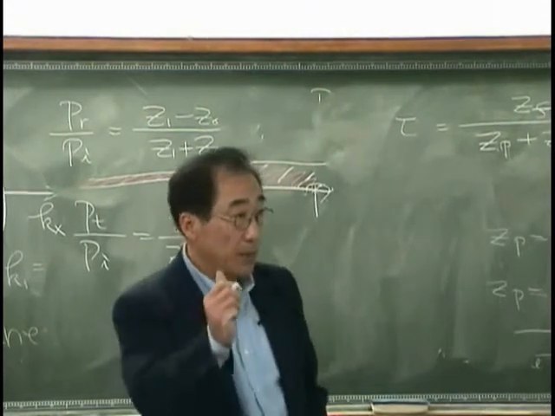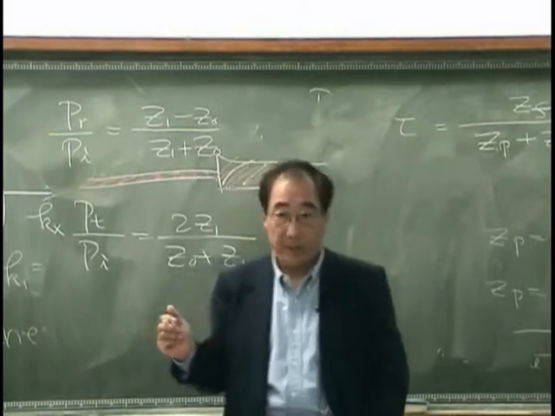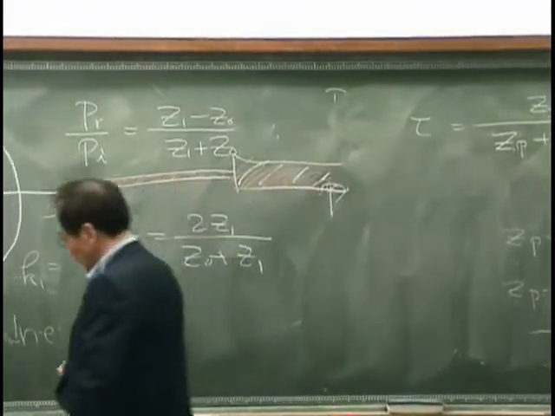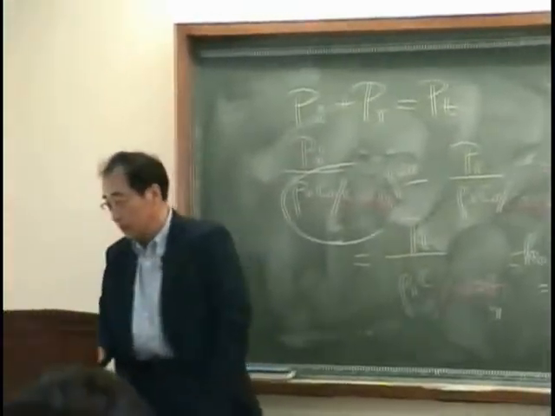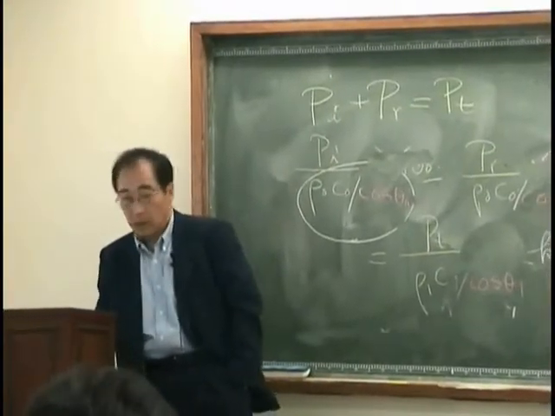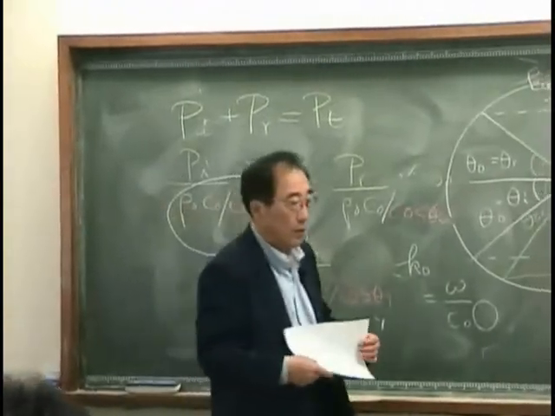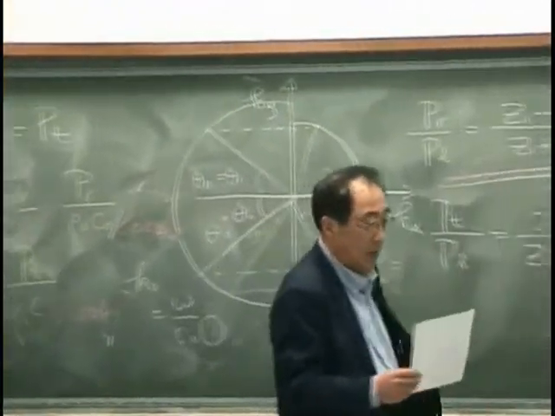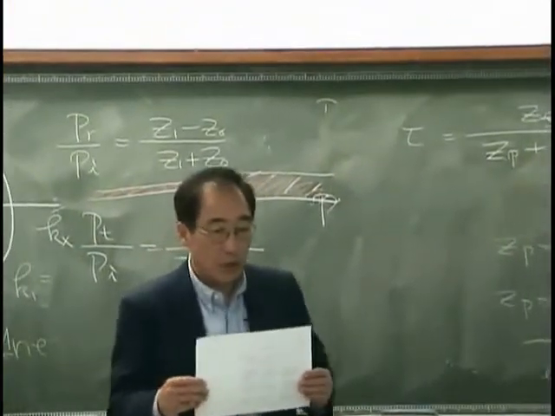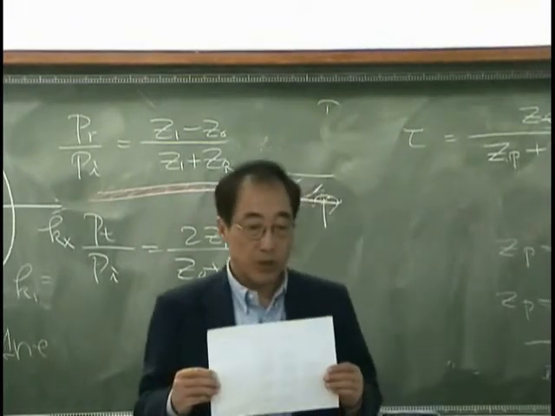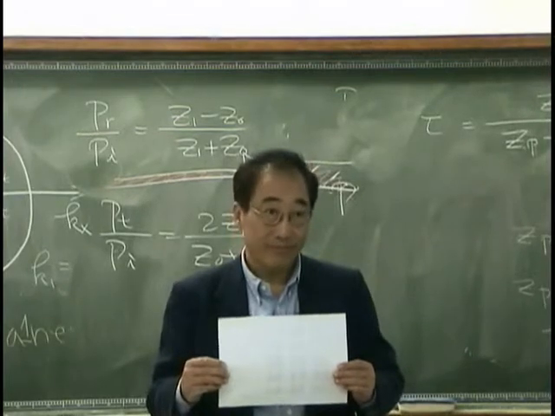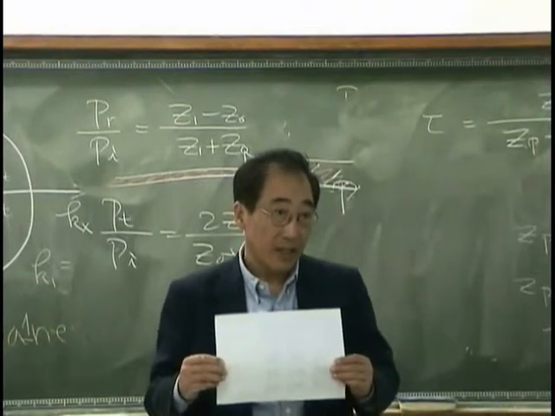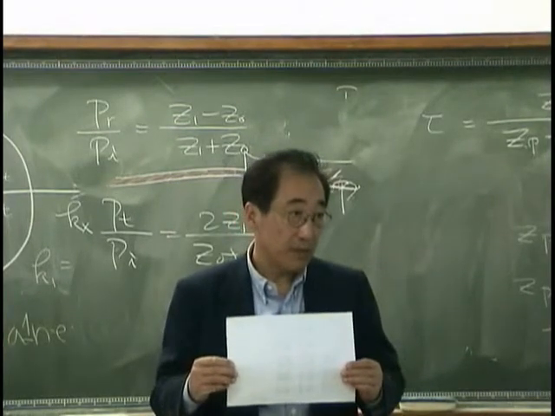So let me summarize what we learned today. We start with the transmission loss of this kind of partition, right? That has spring mass dashpot.